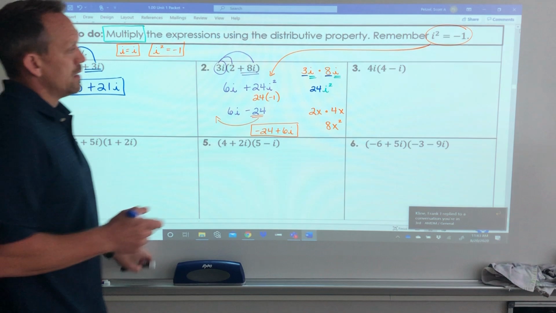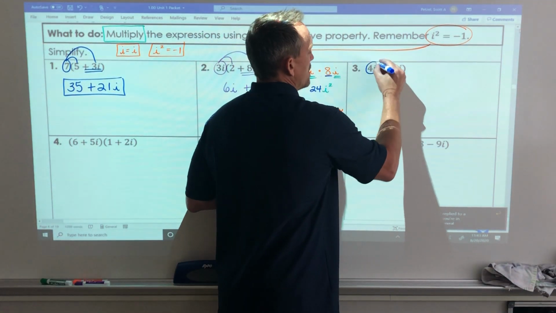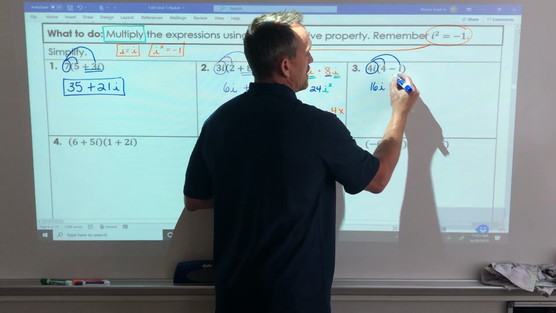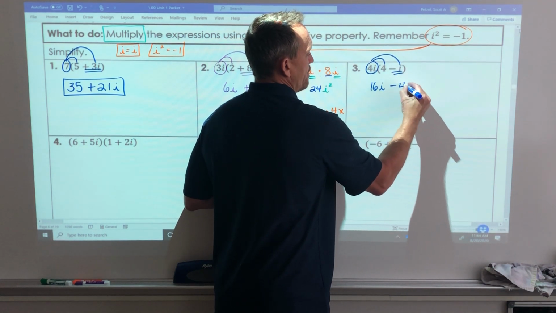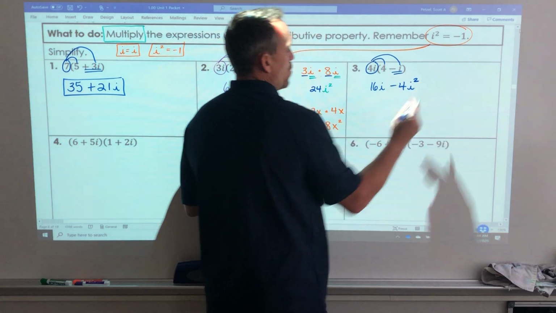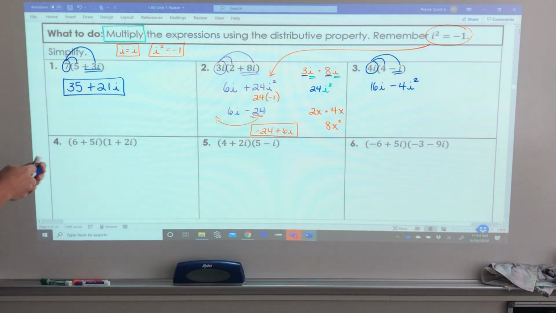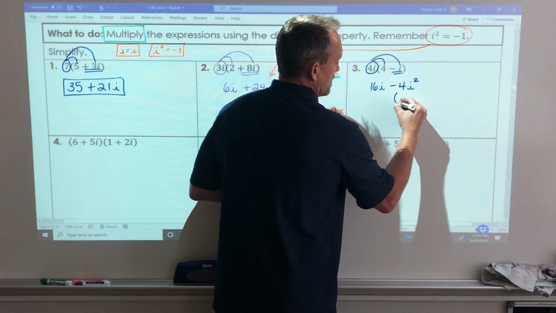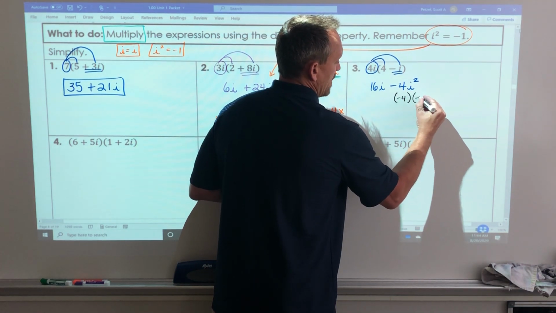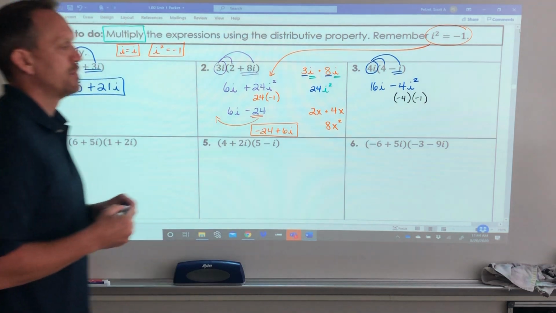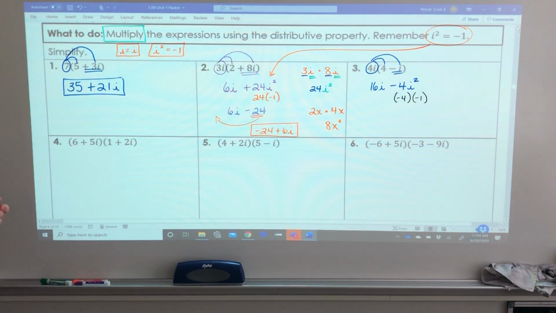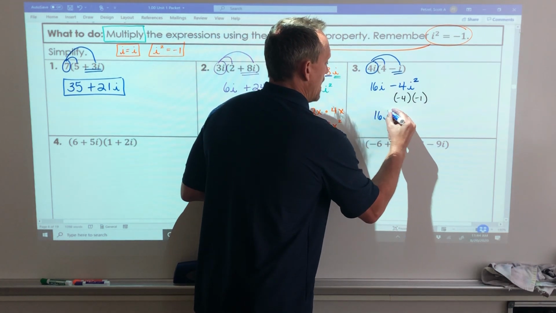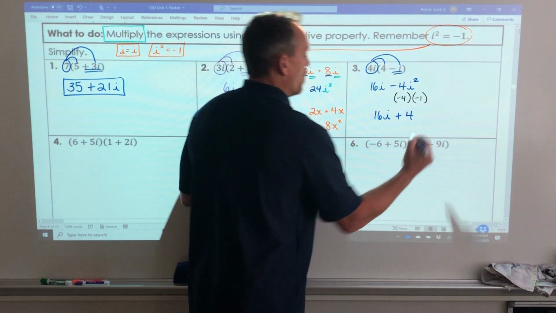All right. 16i minus 4i squared. That second little part is -4 times -1. That's what that's equivalent to, which means I have 16i plus 4.